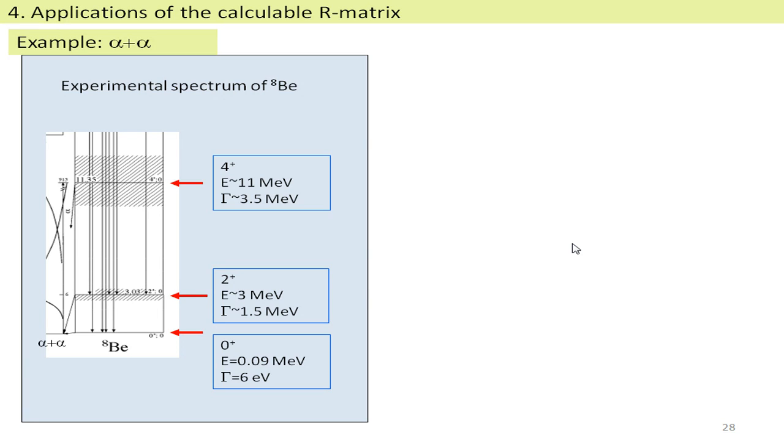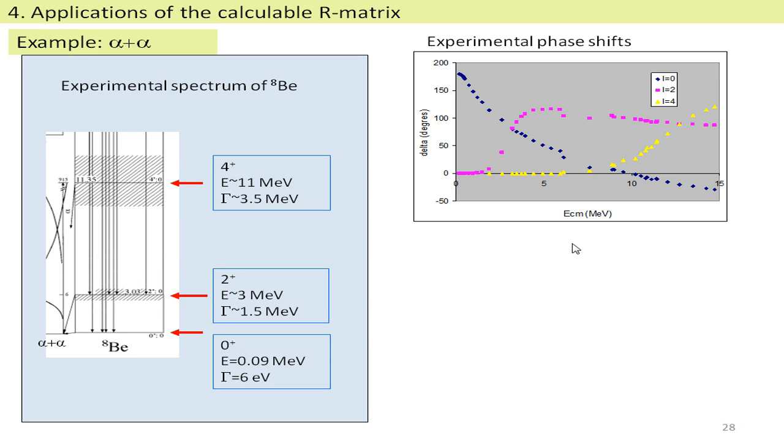So this is the experimental situation. You have here the experimental spectrum of beryllium-8. We know that beryllium-8 is unstable, so the ground state is unstable with respect to alpha decay. The energy is very small, 0.09, and the width is also very small, 6 electron volt.